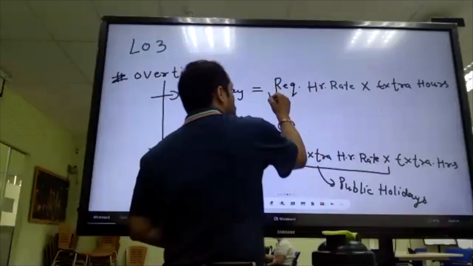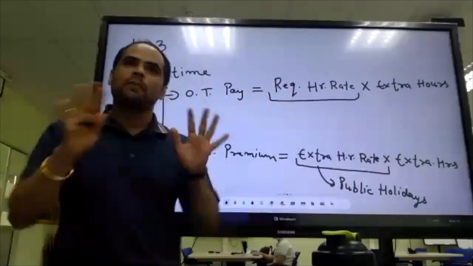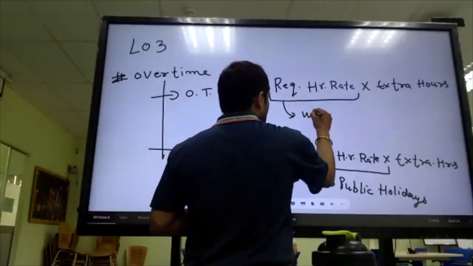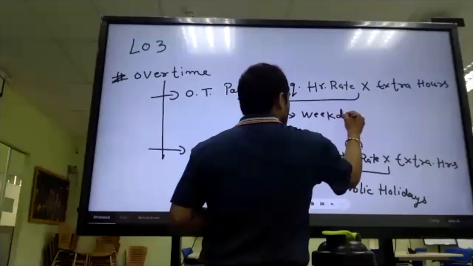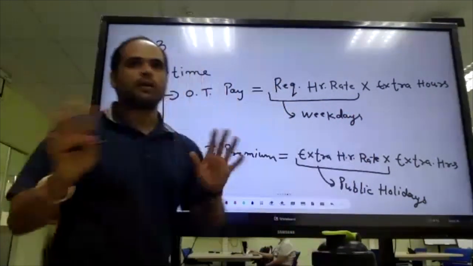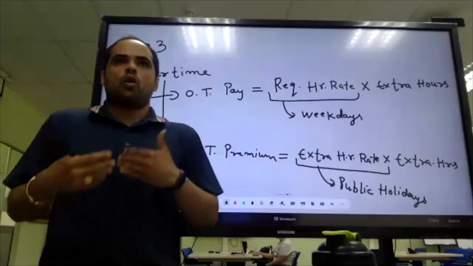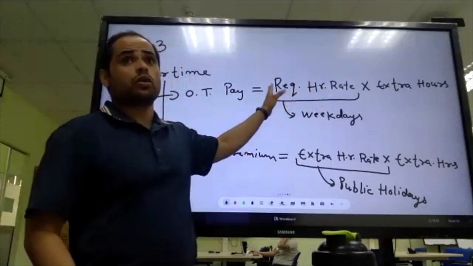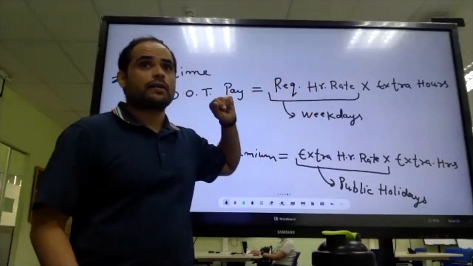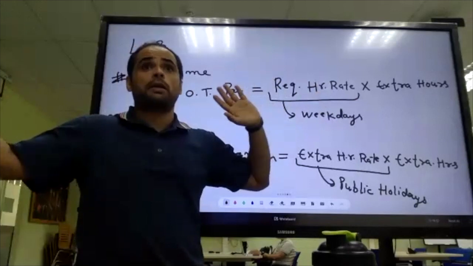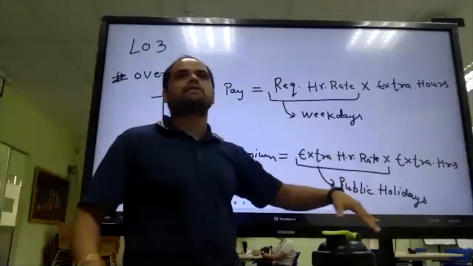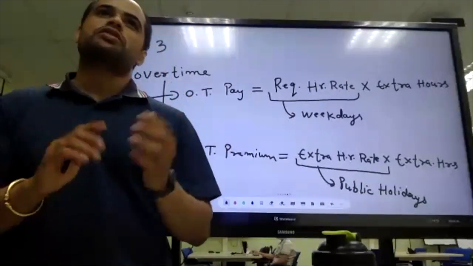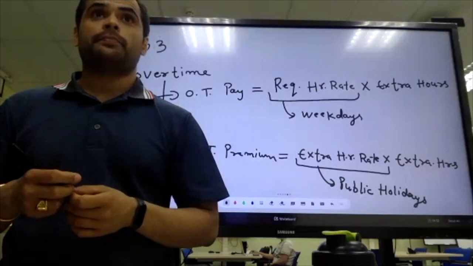And required hour rate means the normal hour rate that workers get on weekdays, during normal days. When you work on a normal day, the rate the company pays you is called the normal hour rate or required hour rate, all right? Or the minimum hour rate that the company normally pays for work. But extra hour rate means when the company pays extra rates to the worker on a particular situation or occasion, that could be a public holiday, all right?